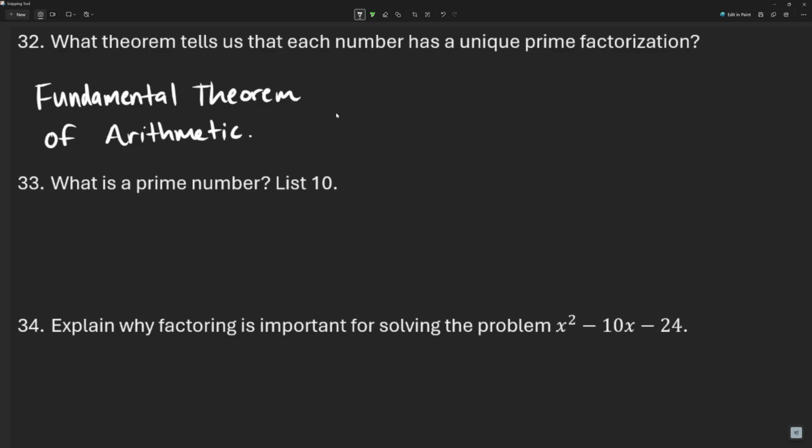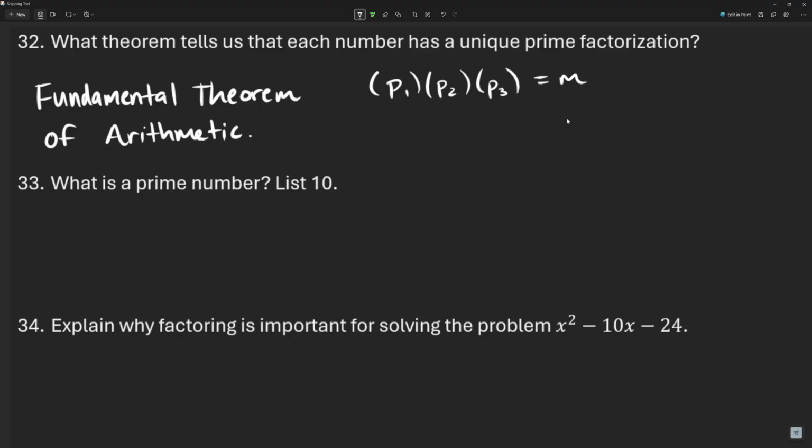So it's not possible for two numbers. Let's say if I have prime 1 times prime 2 times prime 3, we'll call that a unique prime factorization.